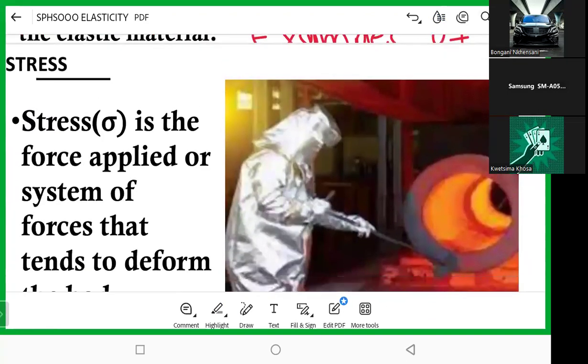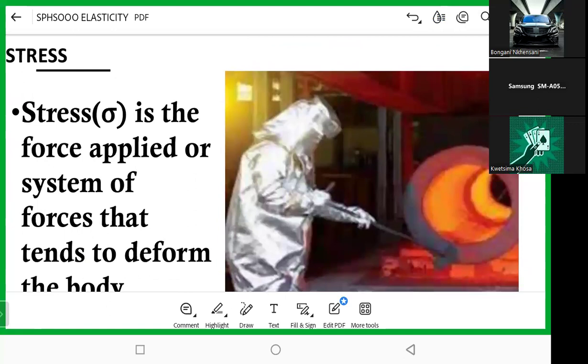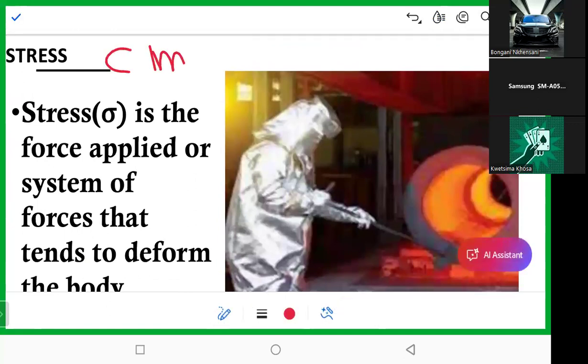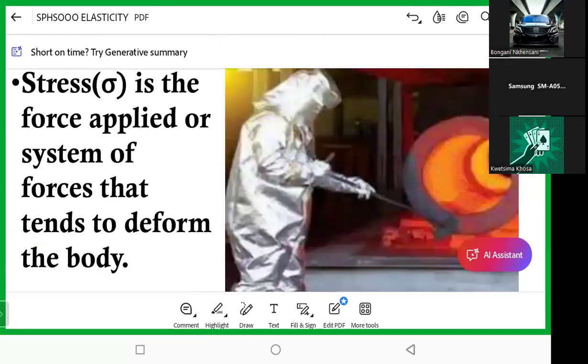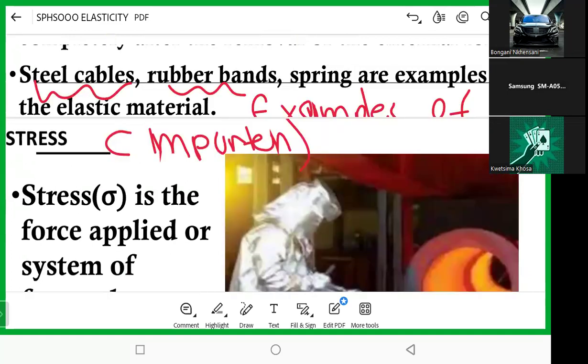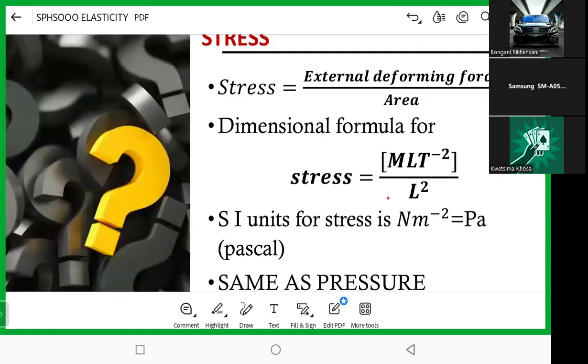Stress is the force applied. You must also know this definition. It's important. We have elasticity, stress, and also strain.